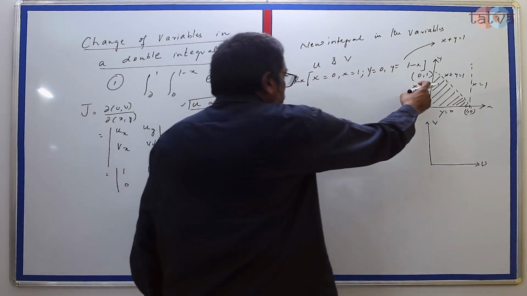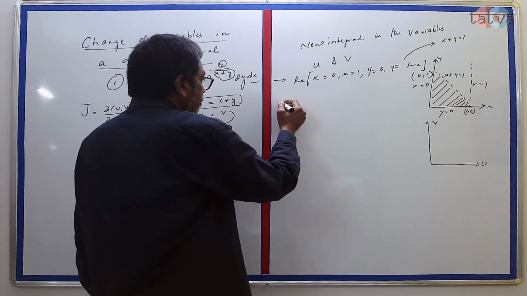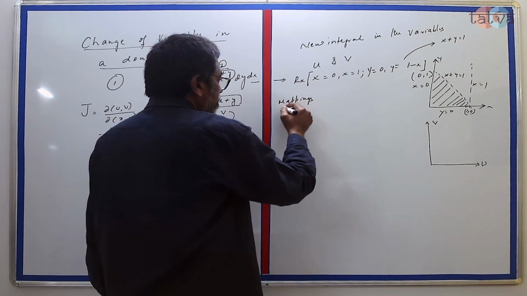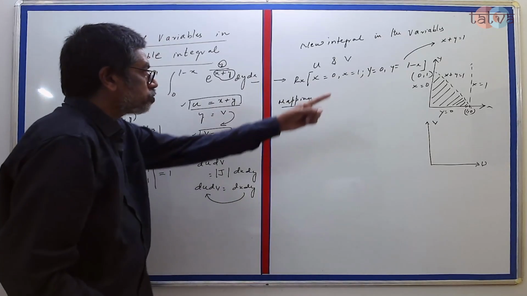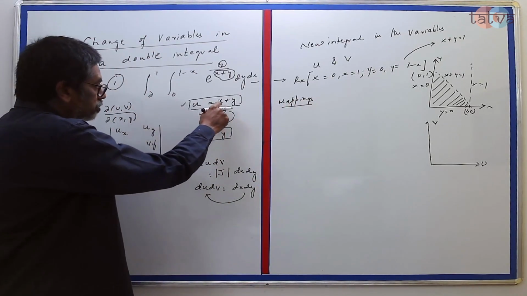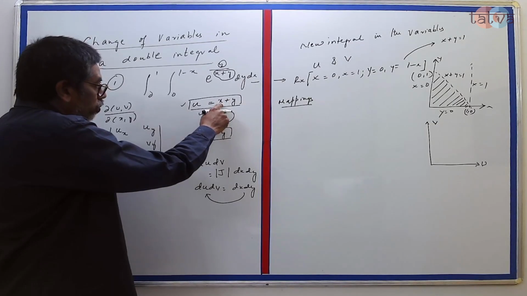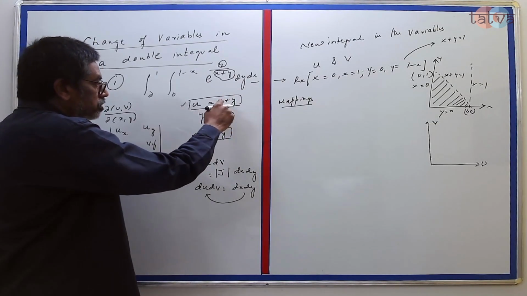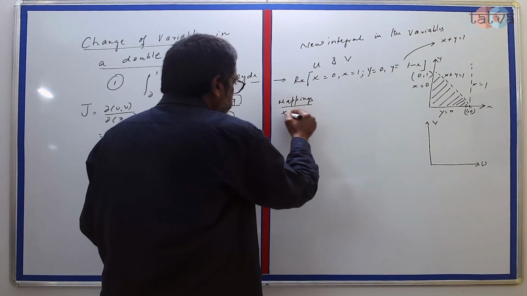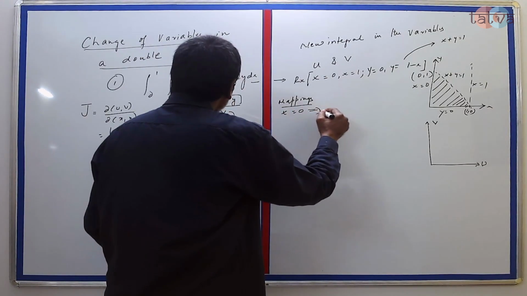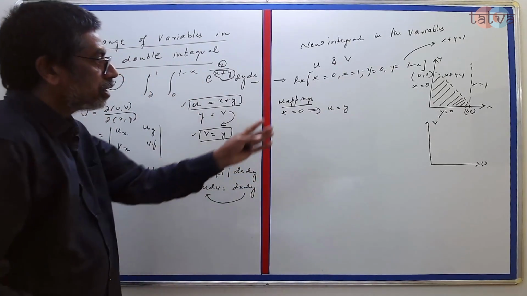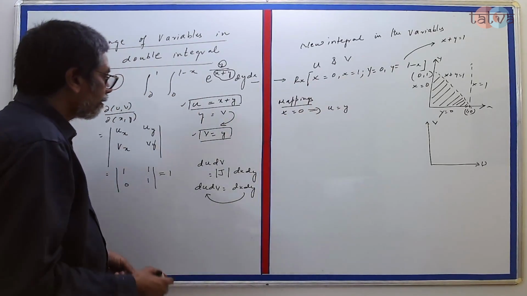So corresponding to x is equal to 0, I'll just write mappings. Corresponding to x is equal to 0, I'll go and search these two equations. X is present here. When I put x is equal to 0 here, I'll get u is equal to y. Let me go to y is equal to 0.